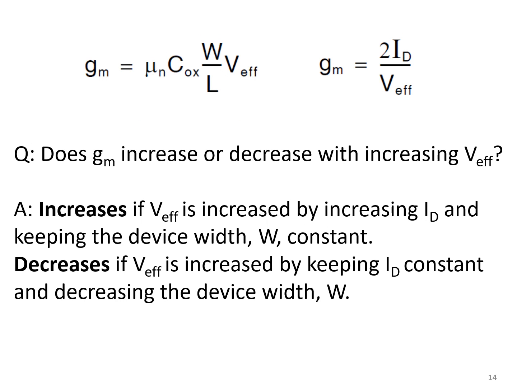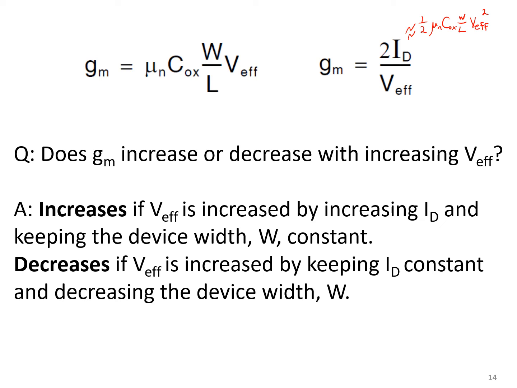Now, it turns out that with a straightforward substitution for the drain current, we can substitute in ID equals 1/2 mu N C ox W over L V effective squared.